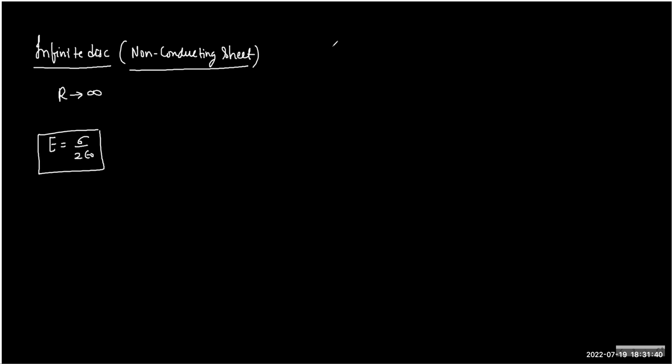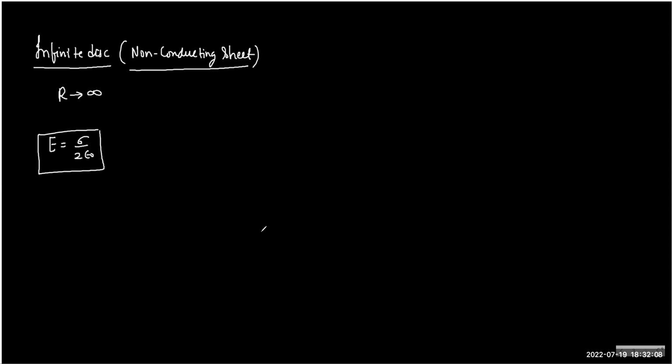For that observer, the disk will appear infinite. So when you move very close to any surface, you will feel that the surface is infinitely large. Do you realize this? Yes, sir. So if you go very close, the surface will appear infinitely large.